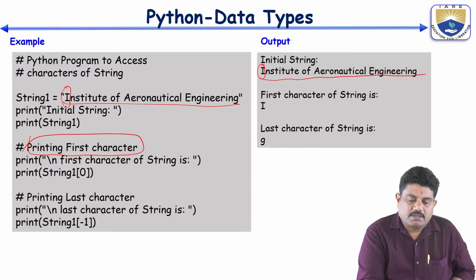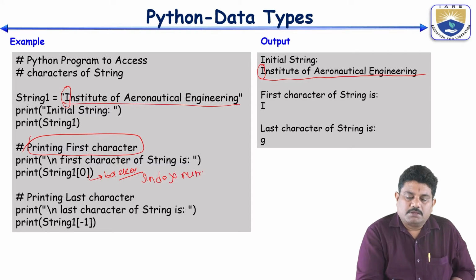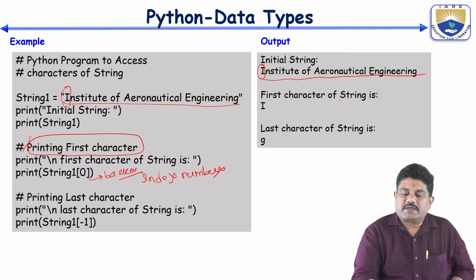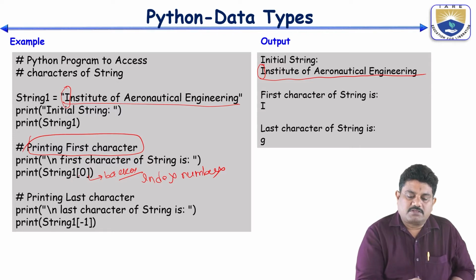So that's why if I want to print the first character, print string 1 of 0. These are brackets. So between the brackets, you can mention the index number. Based on the index number, that character will be printed. See, the first character of the string is I. Why does it print I? Because I passed string 1 as 0.